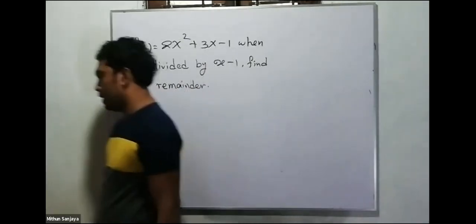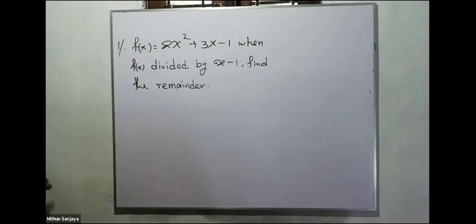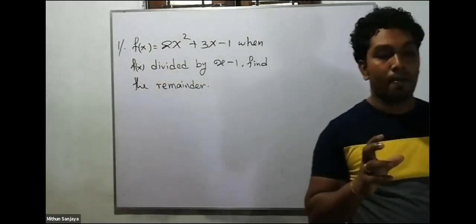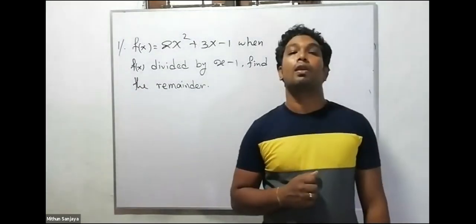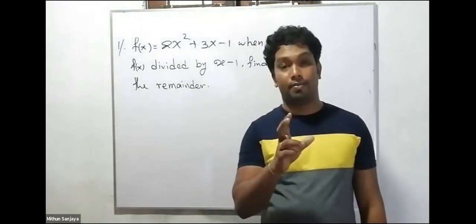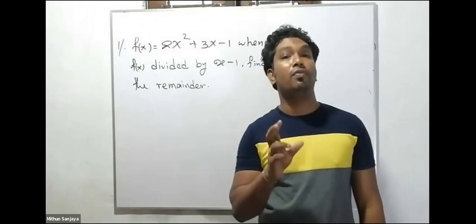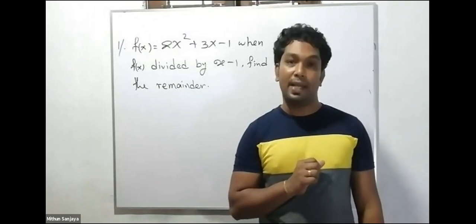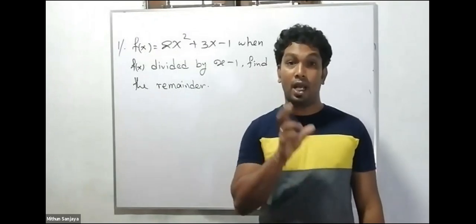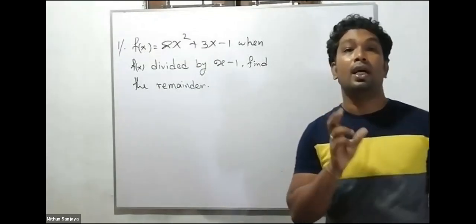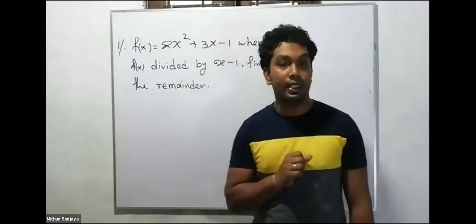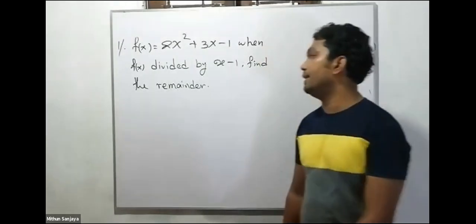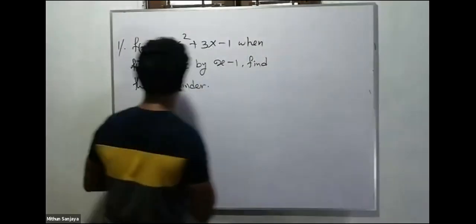After the question, first of all I write the theorem. Which theorem do we use here, and how can the remainder be taken using the right theorem?